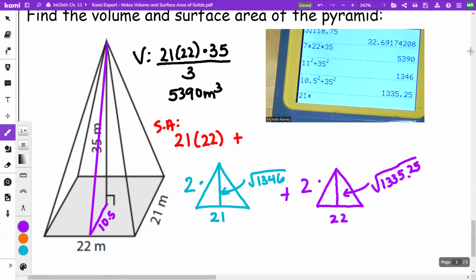So 21 times 22 plus area of my blue triangle.